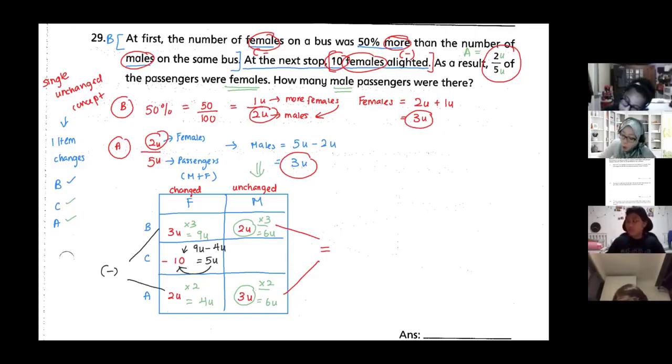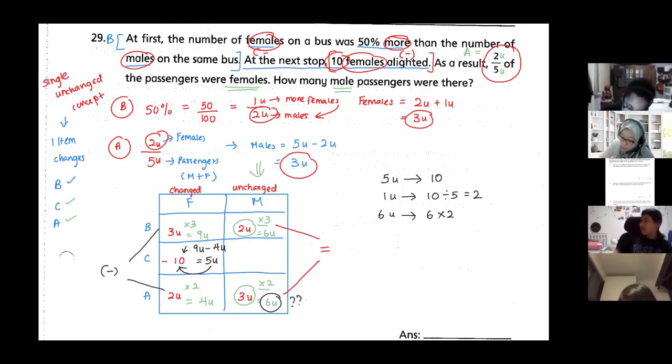So 5 units represent 10 females. 1 unit is 10 divided by 5, which equals 2. How many male passengers were there? Look at your male. How many units is the male? 6 units. This is what I want. So 6 units is 6 times 2, which equals 12. There you go. Single unchanged concept.